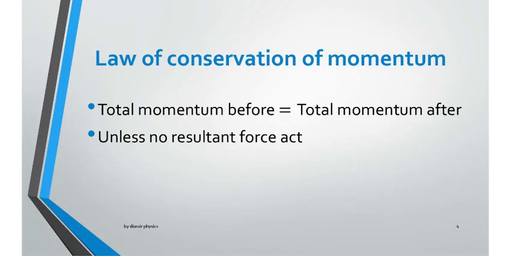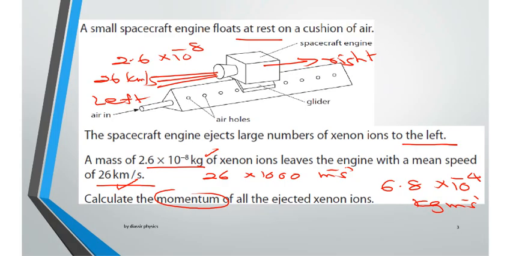The law of conservation of momentum says that total momentum before equals total momentum after, unless a resultant force acts. That's why you get these two momenta equal: the initial momentum is zero, so the final should also be zero. That's why it is backward and forward, same and opposite.